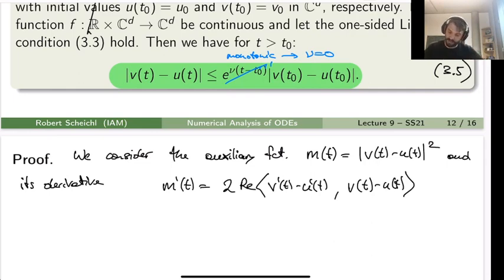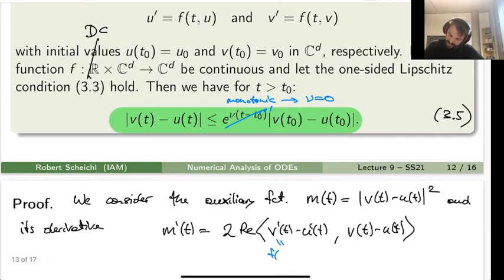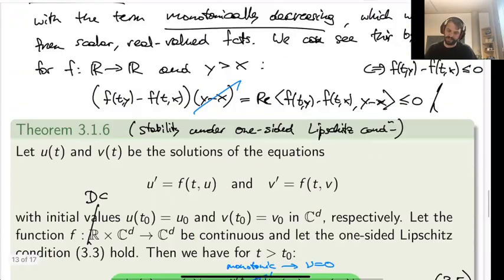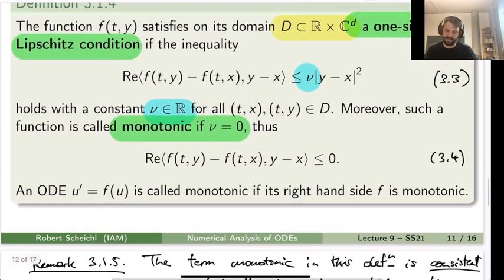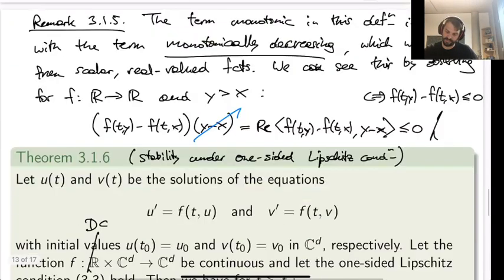Now we can use the ODE. So we know that this is f(t,v), and this is f(t,u). So we in total get that that's less than or equal to, using the one-sided Lipschitz condition, we know the real part of f(t,y) minus f(t,x) with y minus x is less than or equal to ν times the modulus of y minus x squared.